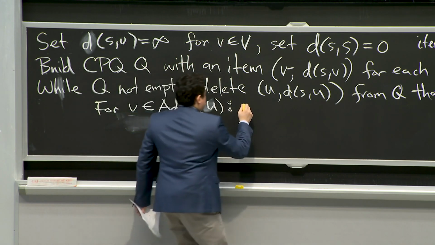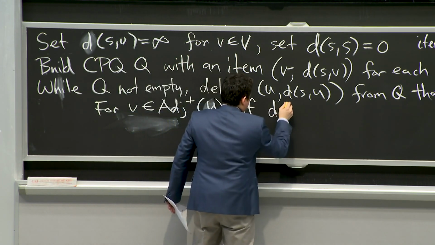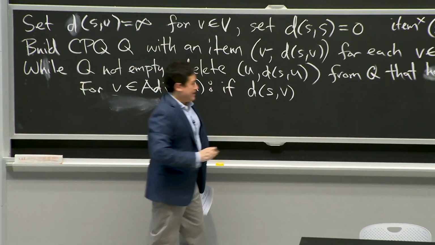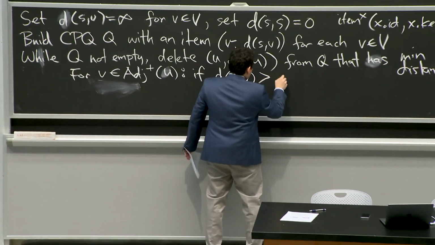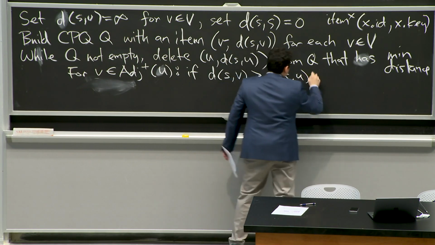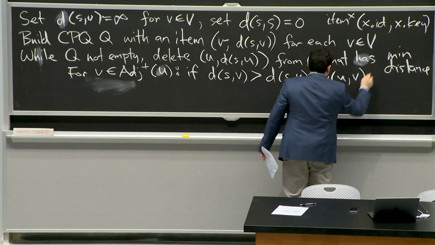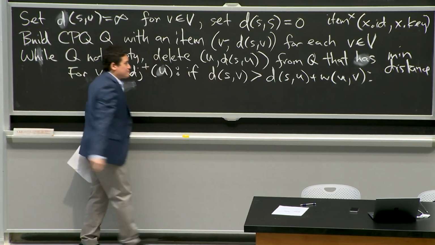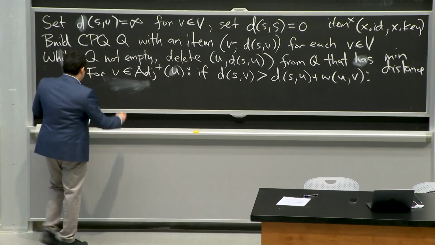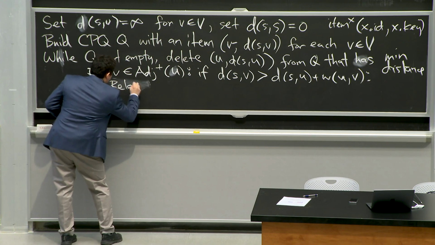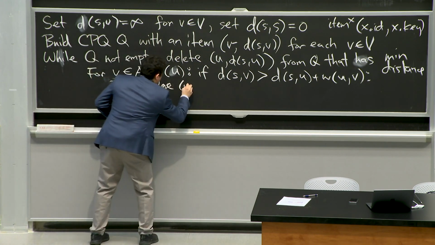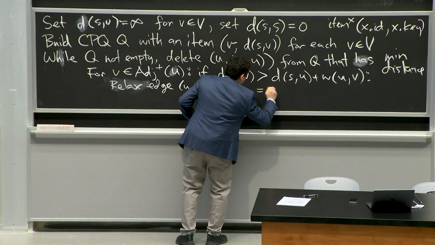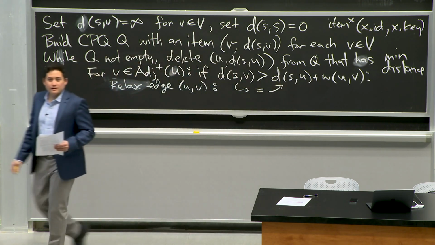Basically, if d, the shortest path distance estimate to v, is greater than going to u first and then crossing that edge, if going through that is better, this is violating our triangle inequality. And so we relax edge uv, and by that we mean set this thing to be equal to that thing. That's what we meant by relax.